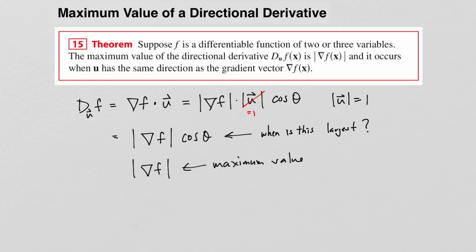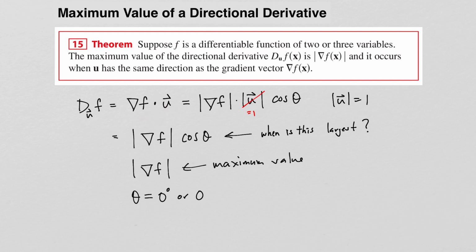All right, well, when does that happen? When is the cosine of theta equal to 1? Well, that happens when theta is equal to 0 degrees or 0 radians because cosine of 0 is 1. Well, if the angle theta is 0, what that means is that these two vectors are pointing in the same direction because theta is the angle between these two vectors.